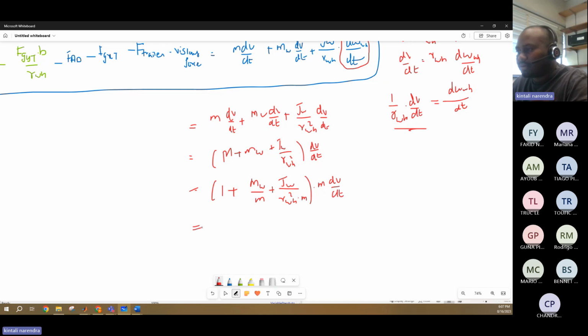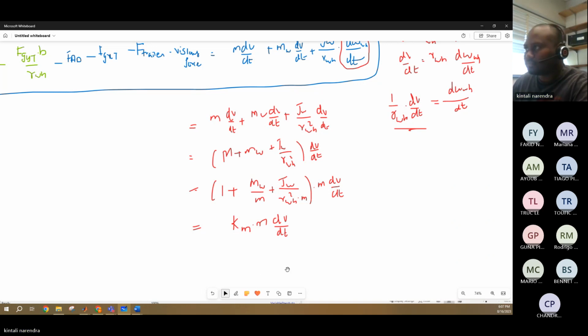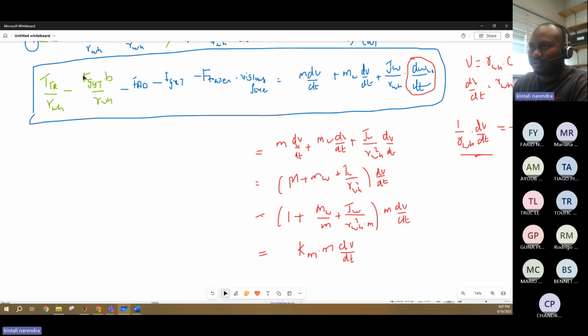This whole term they replaced with Km into M into dV by dt. That's how they got dV by dt equal to 1 by Km into something. So what is dV by dt?